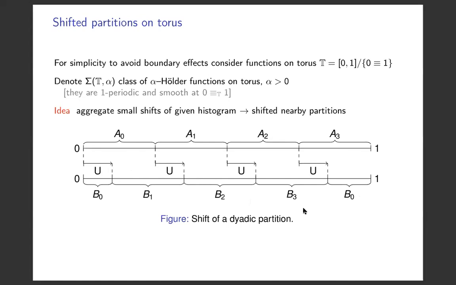So the idea will be to take a fixed Polya tree, a single tree estimate, and then to shift it by some quantities and see what happens.